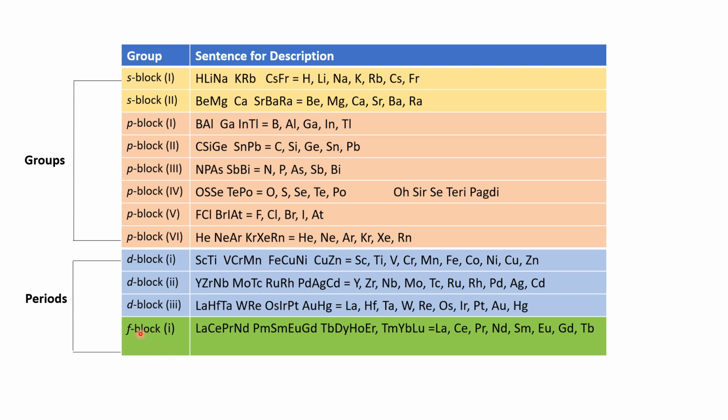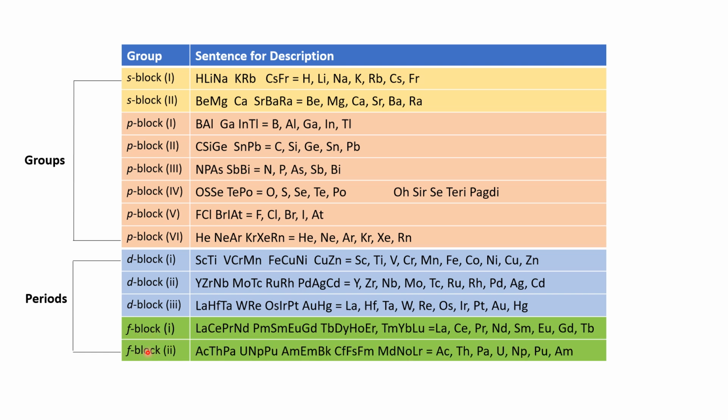After that comes these F block elements, and as they come after this lanthanum and actinium, they are called lanthanoids and actinoids. So for this first period of these F block elements, we use this sentence: Lashi parnad pamsam yugad tabdi hoyer tam yablu.